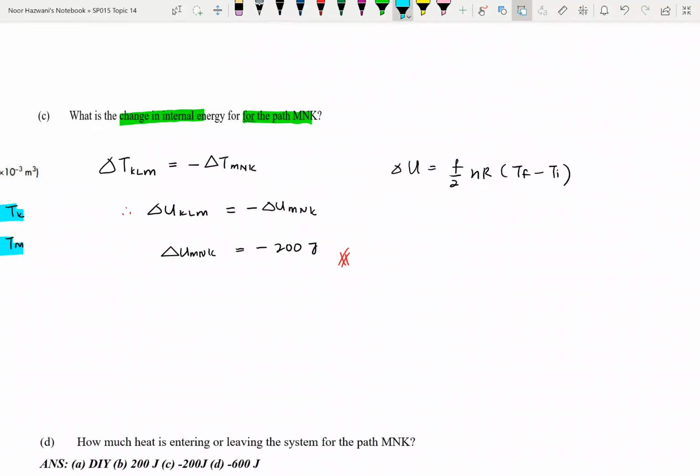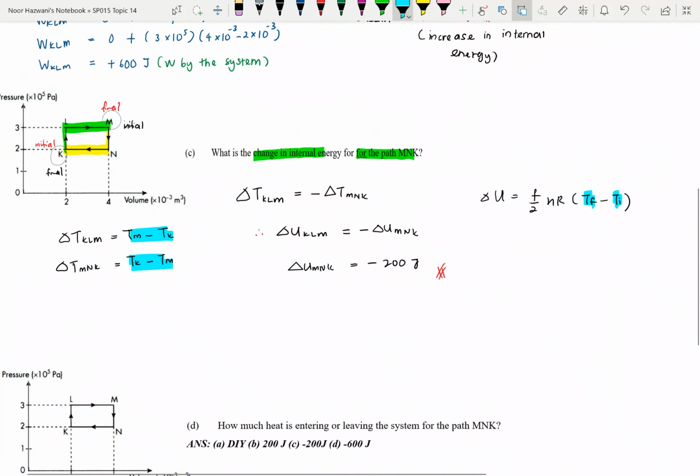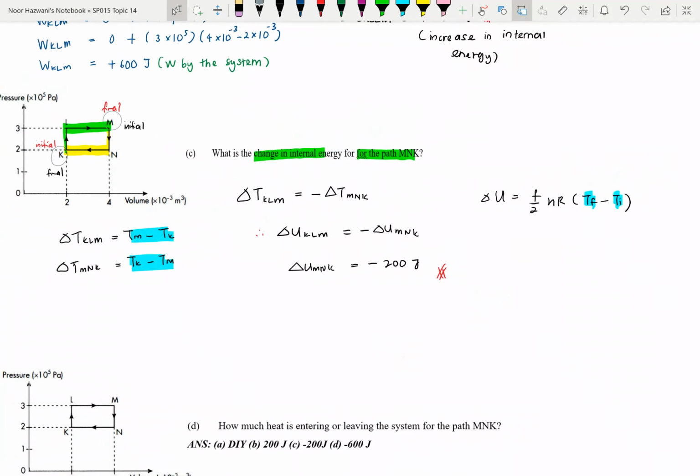Okay, so we look at the initial and final temperature. So, in this case, the initial and final temperature are just reversed. But then the value is still the same.